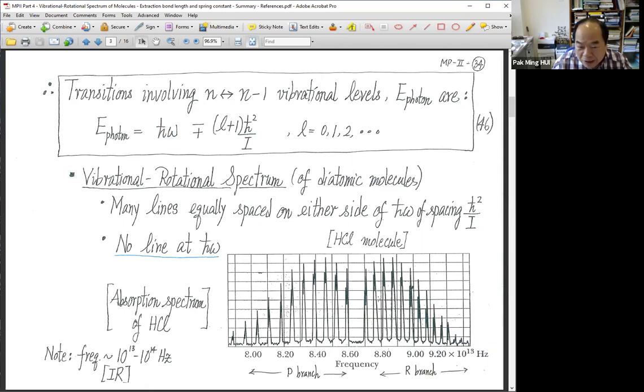And then on the two sides, they refer to lines that come from the lower one, you have a delta L being +1, and then on the other side, you have delta L being -1. So from h bar omega, slightly higher in energy and slightly lower in energy. So that is the reason for this rather pretty spectrum.